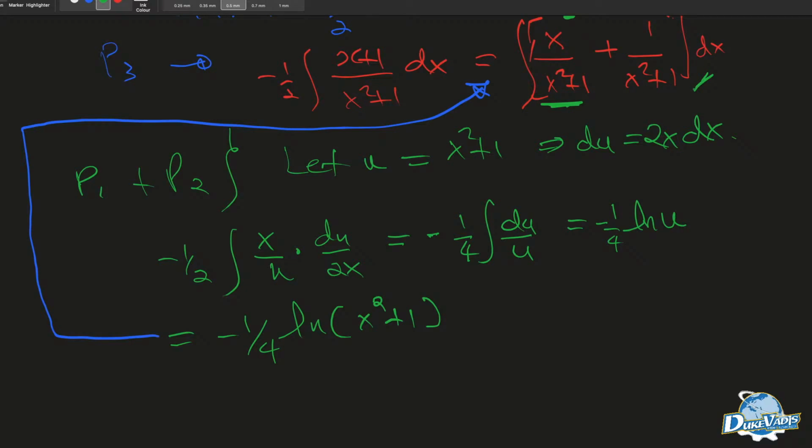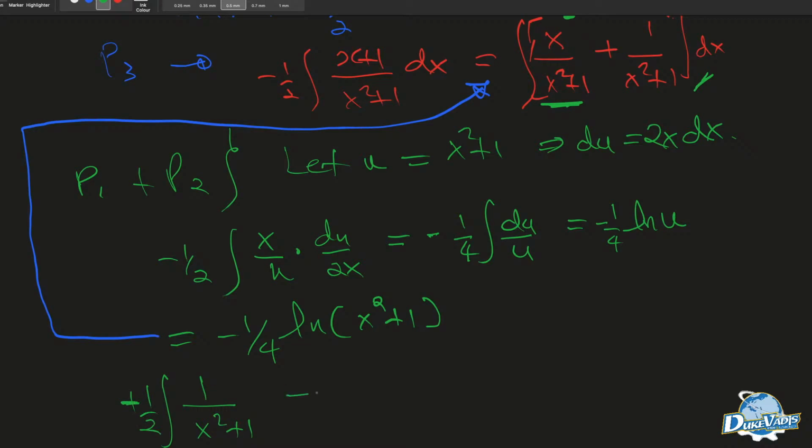So minus half is out already. This one will be the integral of 1 over x squared plus 1, and we have a minus half out already.